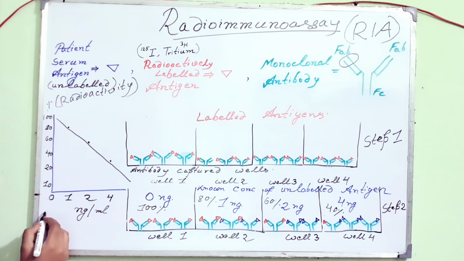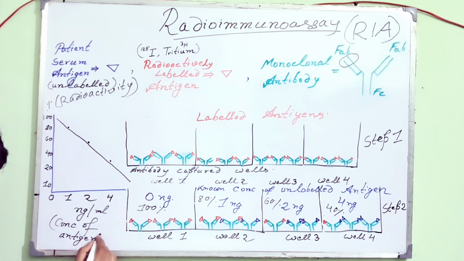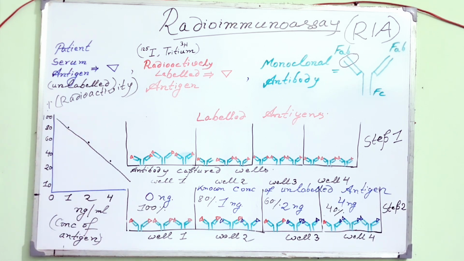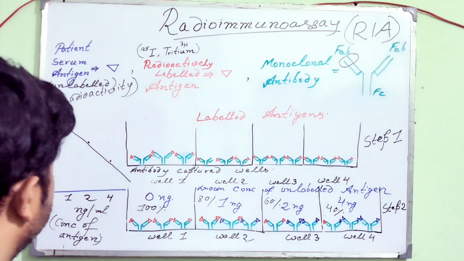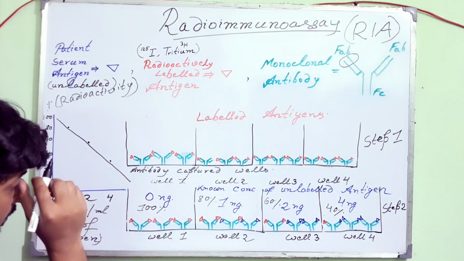The X-axis is the concentration of the antigen, and the y-axis is the percentage of radioactivity. Now you have this curve.